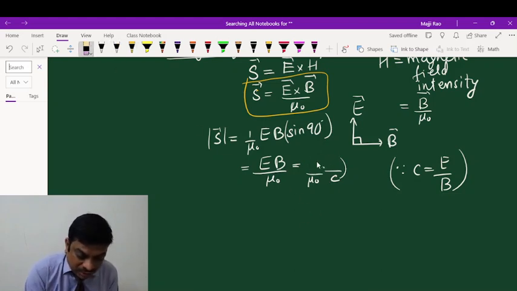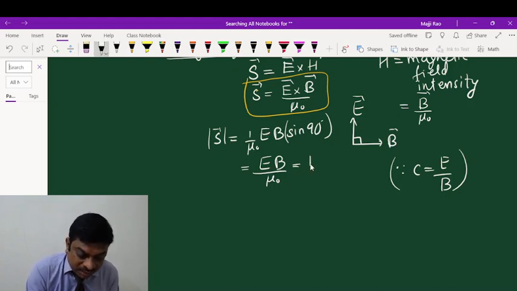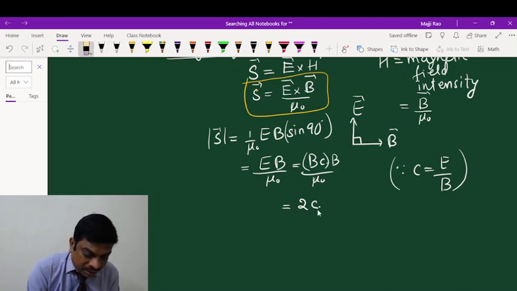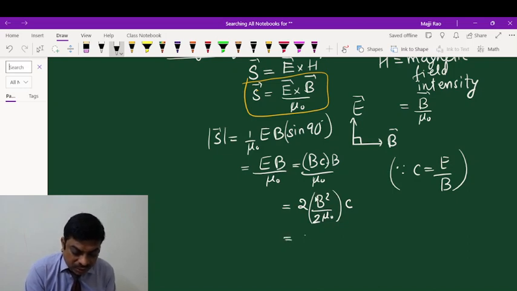So what I'm going to do is express this in terms of B. So E can be written as B into C. Then multiplying and dividing by 2, I can write this as... Okay, students, as you know, this is basically energy density due to B, and twice the energy density due to B is the total energy density.